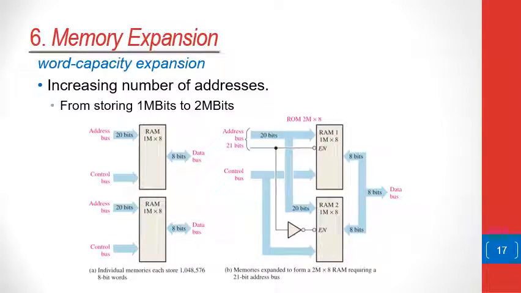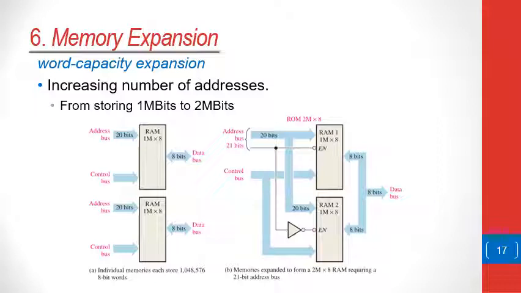Word capacity expansion, on the other hand, refers to increasing the number of addresses in a memory system. For example, we could move from storing 1 megabits to 2 megabits.